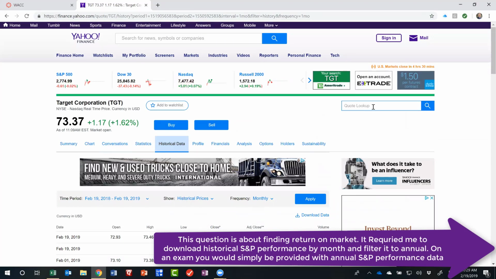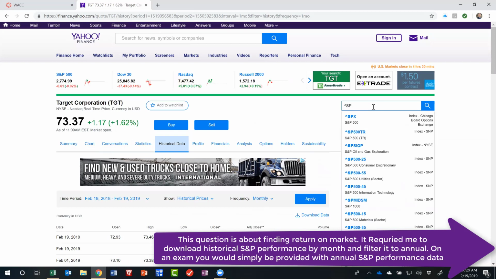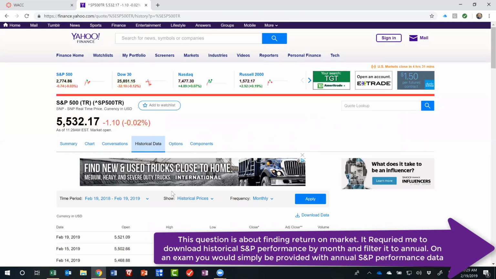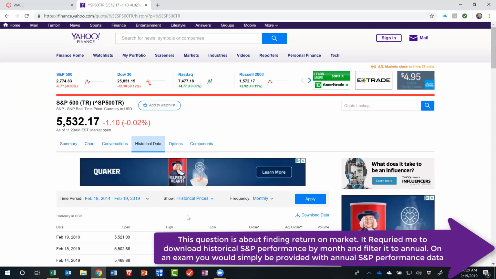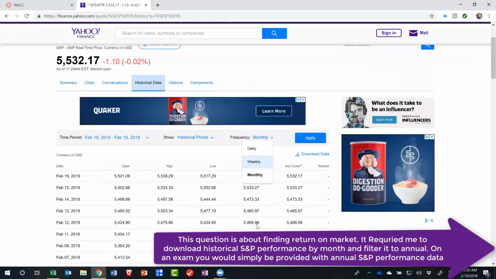Let's look up S&P. I was having problems with this ticker this morning, so I'm going to use this ticker. And let's find 5 years of data. And let's use annual data so we get our answer.